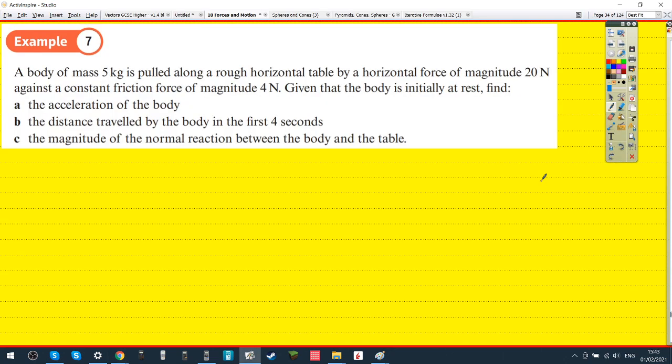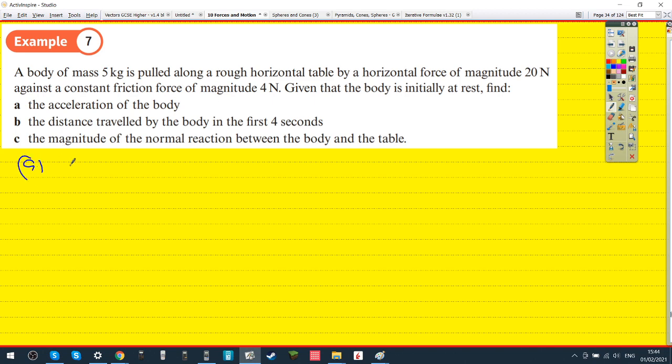Okay, how about this one? Will it be 16 divided by 5?